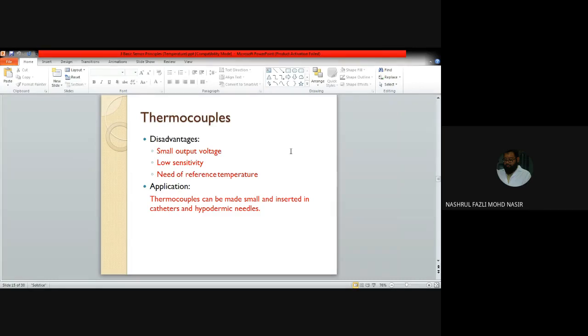In my questions, for instance, maybe the issue of these disadvantages has been solved by using other types of sensor, maybe like a thermistor and so on. One way to look at the questions: sometimes the disadvantages of one sensor can be an advantage for the others.